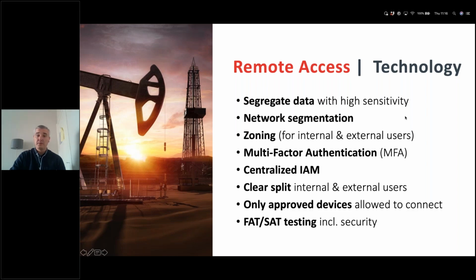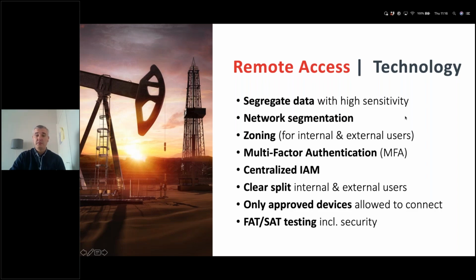It's also important to understand who is going to use this remote access. Therefore, we have to create a very detailed, centralized access management for the people that are going to use our remote access. With this, we can use a lot of technologies on the market, like Active Directory, Radius, many others.